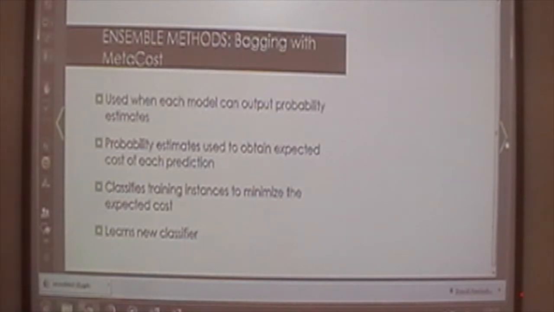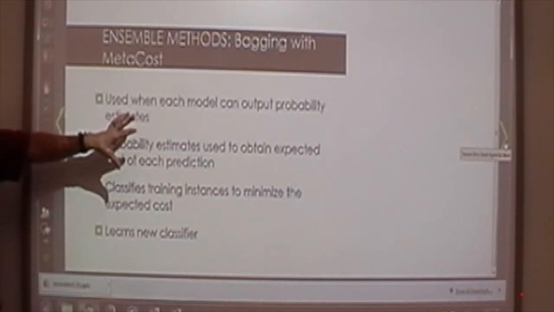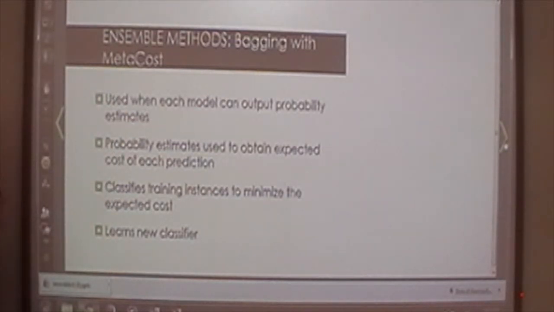With these probability estimates, you can obtain an expected cost of each prediction, where you would come up with some sort of cost function, and you would then classify your training instances to minimize your costs. And then from there, it learns a new classifier. So towards the end here, you're using these probabilities to combine at the end in a different manner.